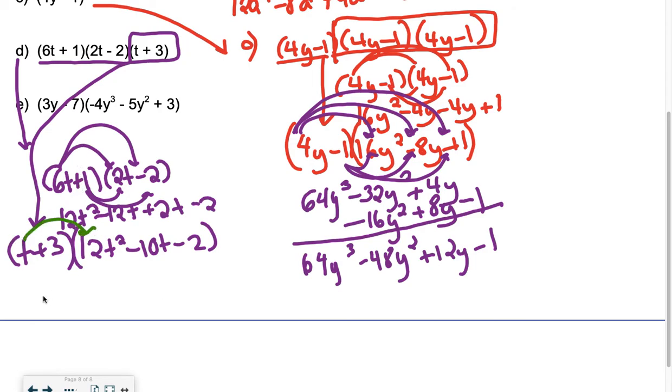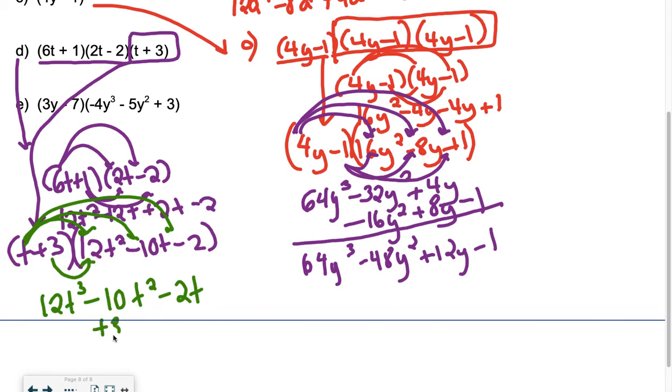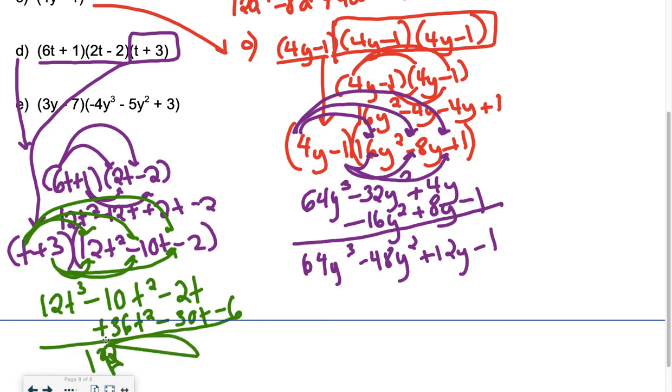t times 12t squared is going to be 12t to the 3. t times negative 10t is going to be negative 10t squared. t times negative 2 is negative 2t. Then 3 times: 36t squared, minus 30t, minus 6.